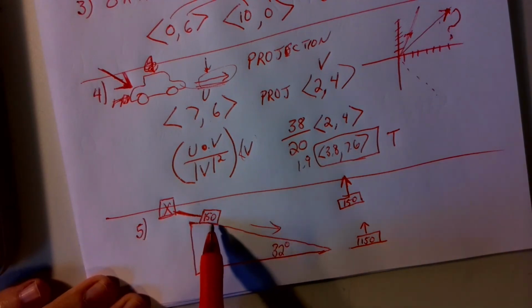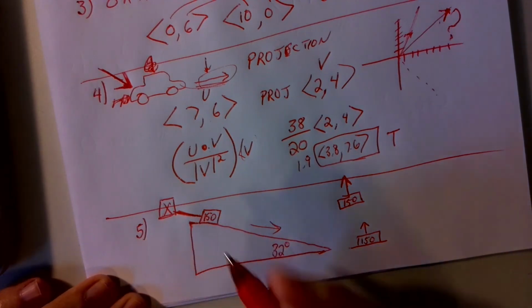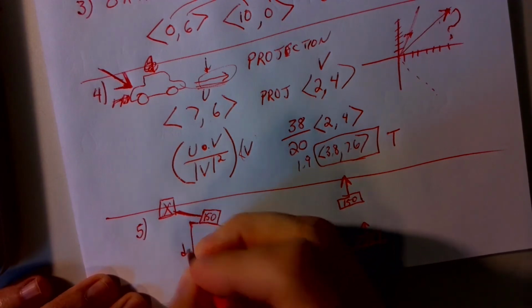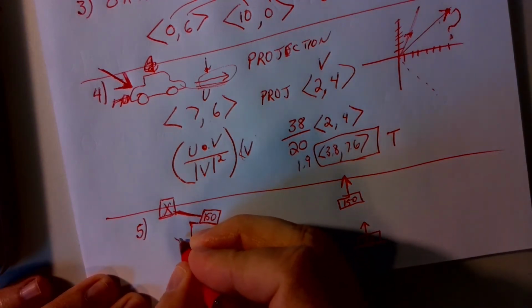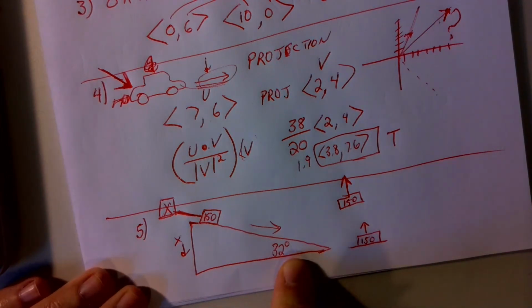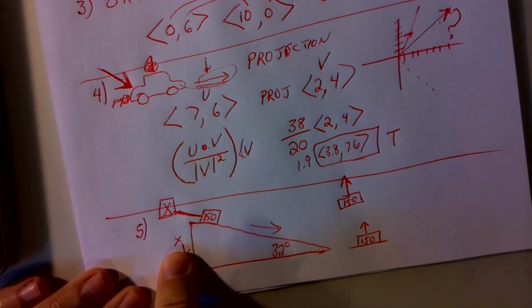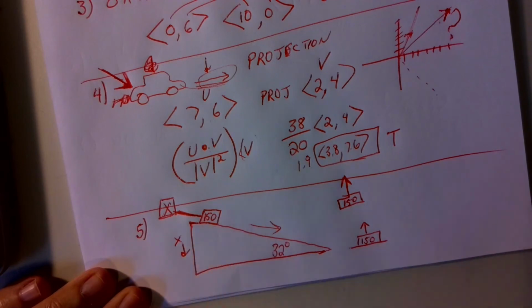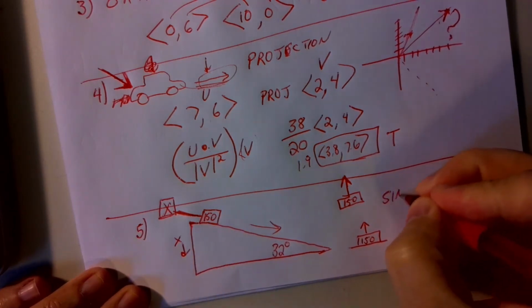You'll know that the only thing that affects this 150 pound box is gravity, and gravity is a vertical component, so we would need to know what that is. And now you can see if this is my 32 degree angle and this is my opposite side and this is my hypotenuse, opposite and hypotenuse is sine. So I'm going to write this.